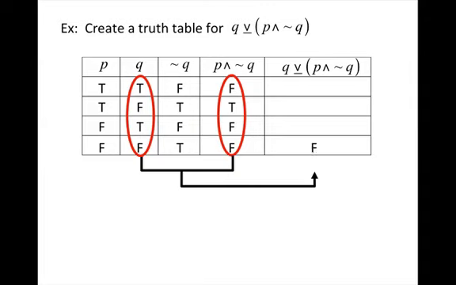So if I look at my last line, I've got Q and P and not Q are both false. So my exclusive OR would be false. In the first three lines, I have one of those values as true and the other as false. So the exclusive OR is true in those cases. So Q exclusive OR, P and not Q, is true, true, true, false.